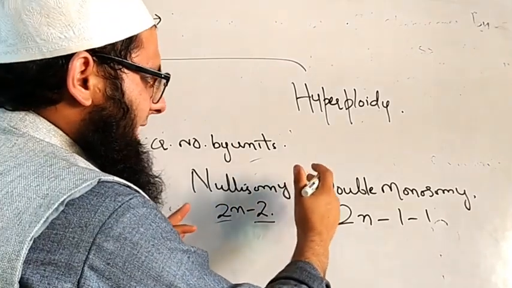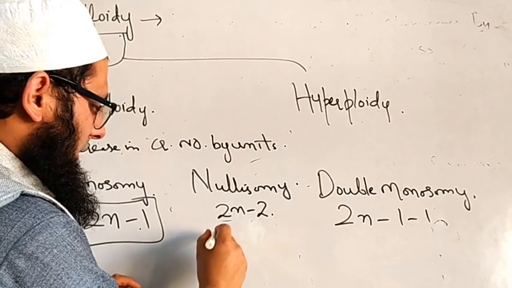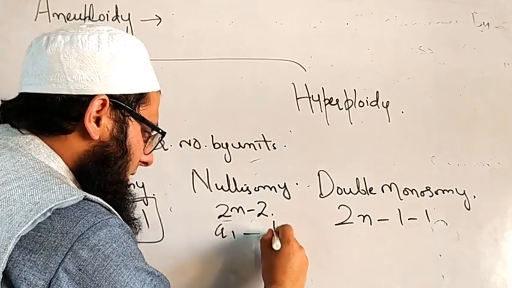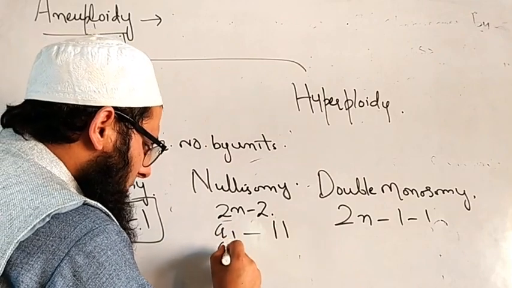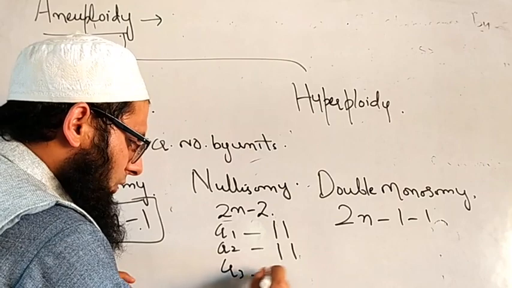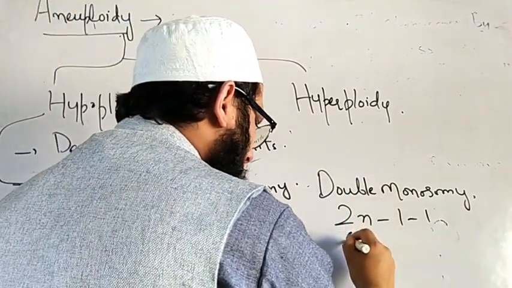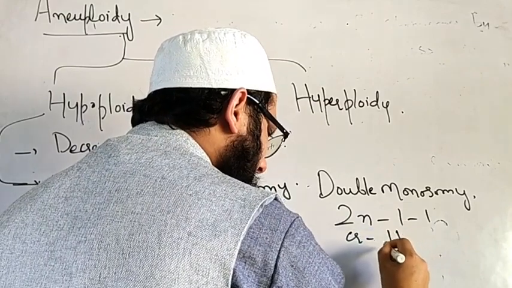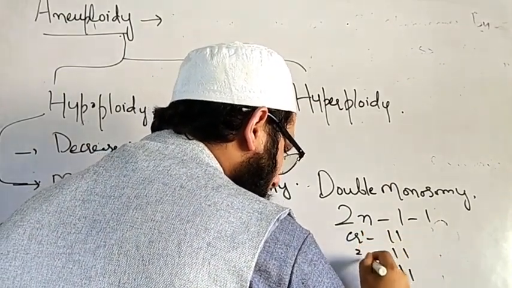Let me make it simple. For example, we have chromosome number 1 with 2 homologous copies, one from father, one from mother. Chromosome number 2 has 2 copies, one from father, one from mother. Chromosome number 3, 2 copies, one from each parent.